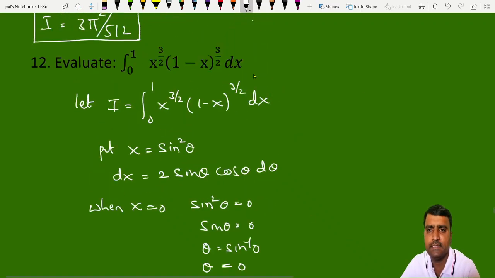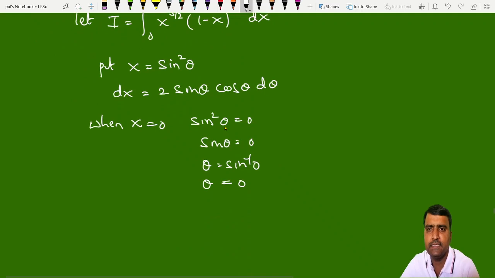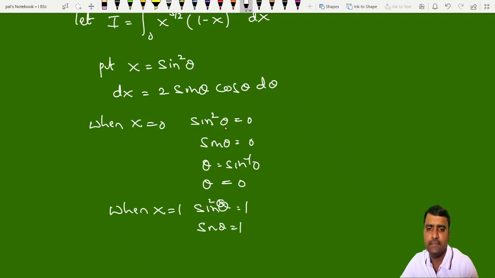Similarly, when the upper limit x is 1, sine square theta is equal to 1, then sine theta is equal to 1. Theta is equal to sine inverse of 1, which is pi by 2. So the limit becomes 0 to pi by 2.